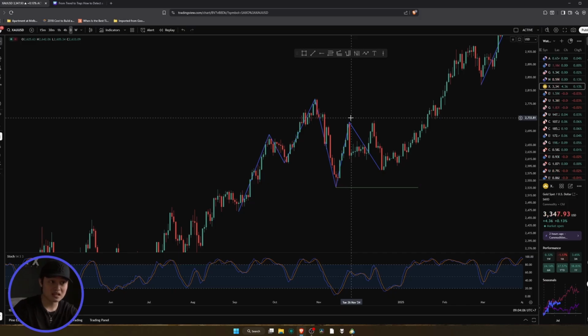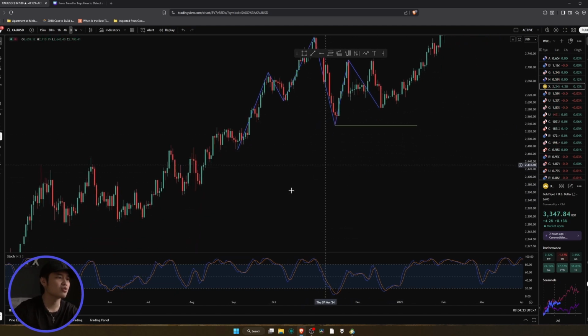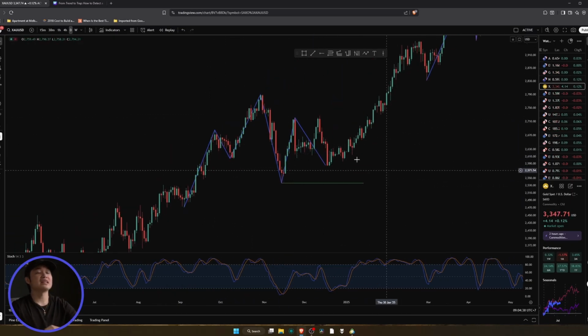But right here, if you entered here, this is your mistake. Why? This was on the daily chart. This was on the major time frame. On the major time frame, you have to wait for the confirmation, because you should wait for the trend to really confirm its reversal. If you entered here, you set your take profit around here or maybe around here at its previous demand level, but it failed.